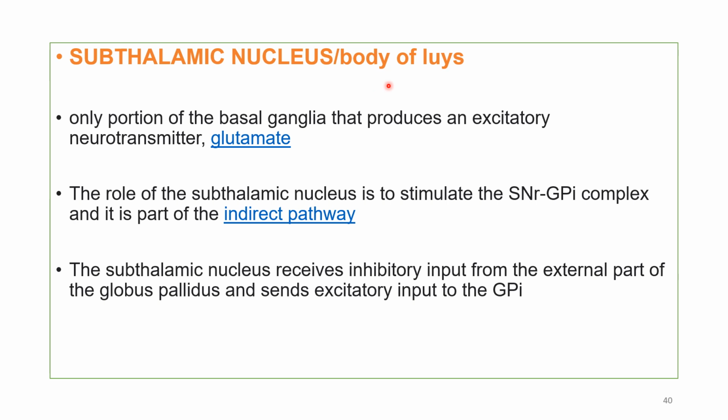Now coming to the body of Luys or subthalamic nucleus. This is the only portion of the basal ganglia that produces an excitatory neurotransmitter called glutamate. So this glutamate neurotransmitter is released from the subthalamic nucleus.